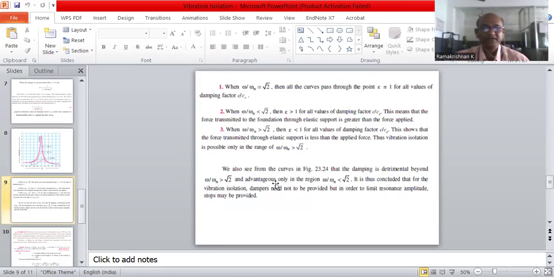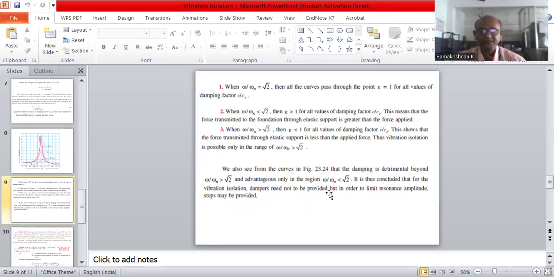Whenever omega by omega n is greater than square root of 2, damping is detrimental, because beyond the value square root of 2, the isolation dampers need not be provided.